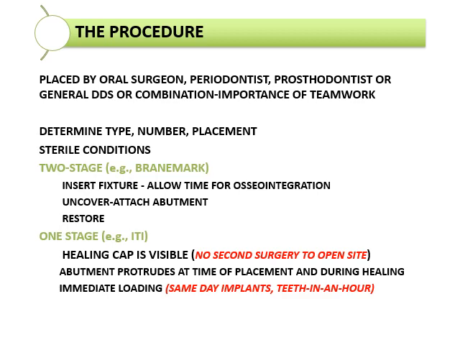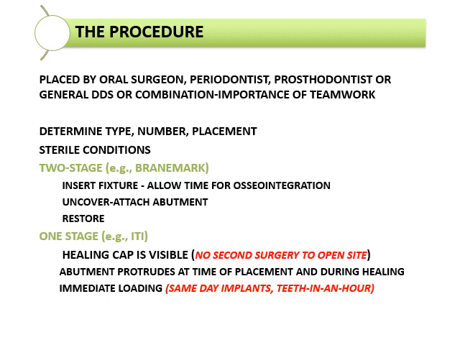So with the two-stage, they insert the fixture, they allow the bone to osseointegrate, and then they cover it up, and then they have to uncover it, and then attach the abutment and put the restoration on top of it. So that's the two-stage. They've cut it open, covered it up, let it heal, then they have to go back in, open up the gingiva again, and then put the abutment cap on, and then the restorative prosthesis.